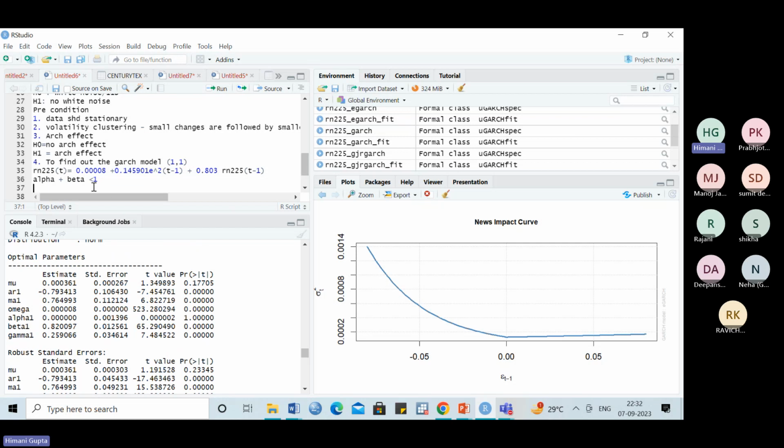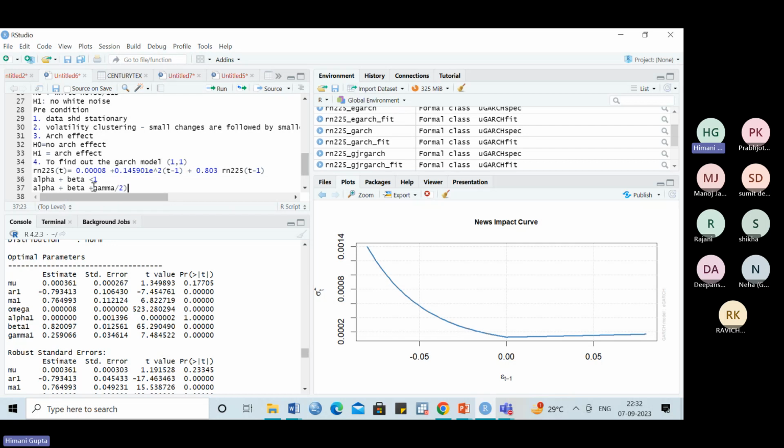Whenever we are doing your GJR GARCH, how are you going to check for your post estimation, whether whatever you are doing is good or not? That means whether there is a volatility persistence or not. In this, you have to write alpha, that means whatever the value of alpha is there, alpha plus value of beta plus value of gamma, and value of gamma is to be divided by 2.